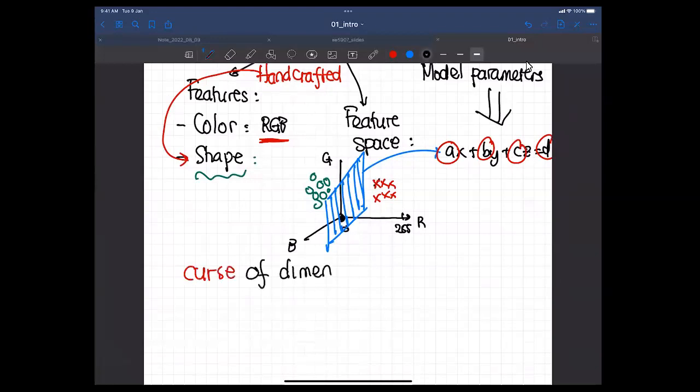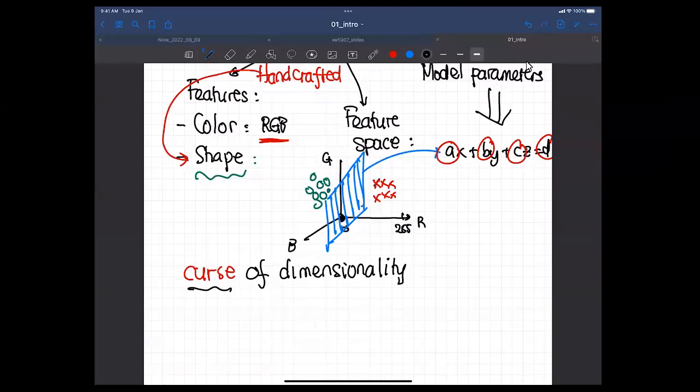Why is it called a curse? Because for humans, we cannot imagine or see it anymore. It is beyond 4 dimensions, and it's much more complex. That's why it's called the curse of dimensionality. Although more features help you improve the system, they also create some problems.